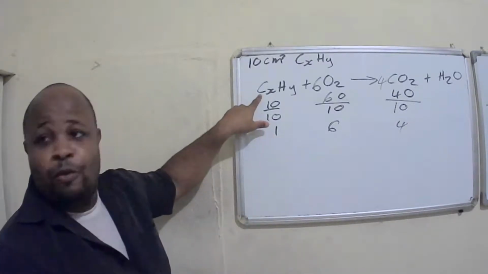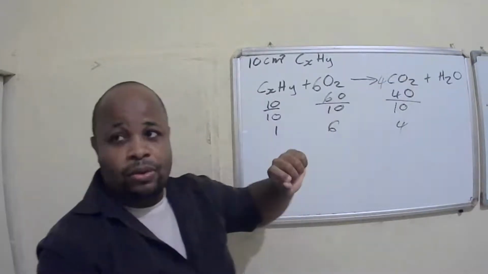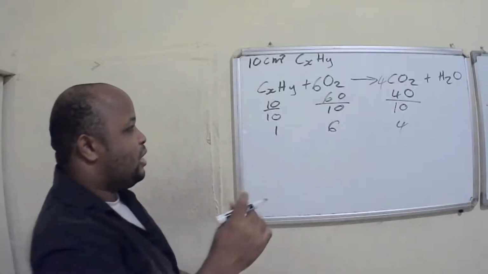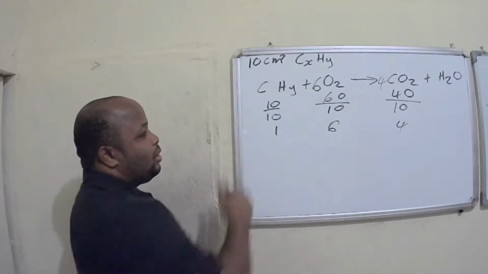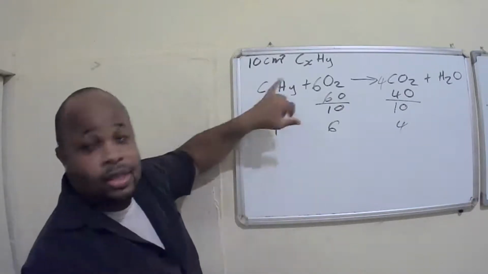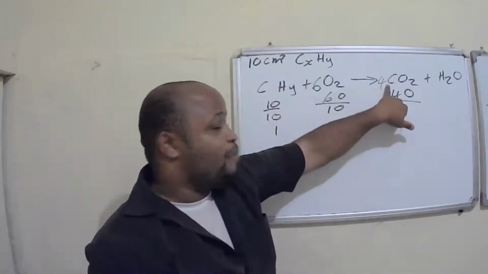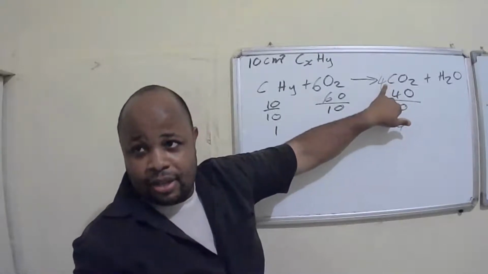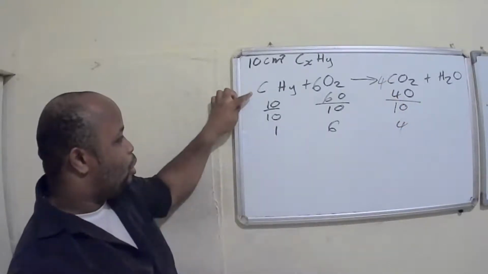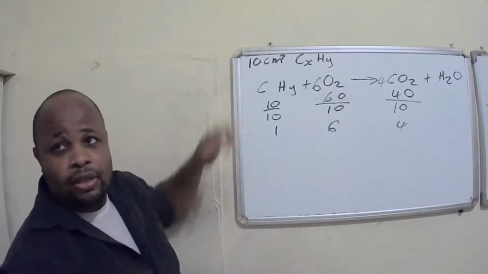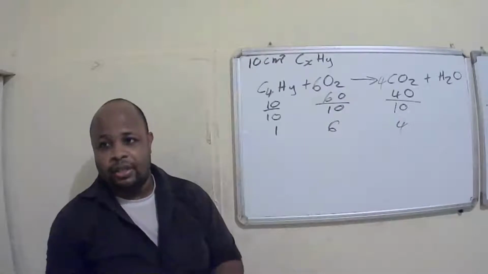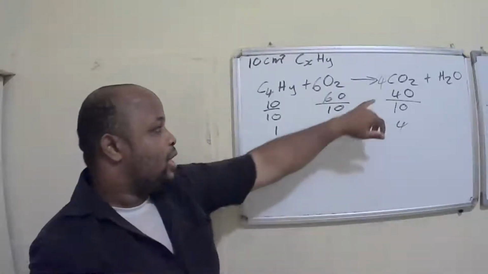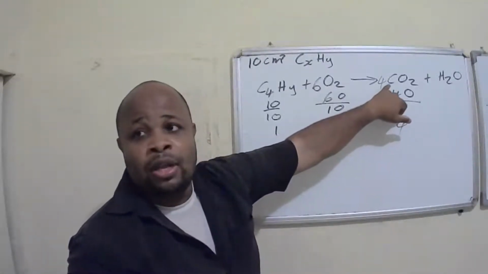Now, if 1 mole of our hydrocarbon produces 4 moles of CO2, we're not really balancing, but as it's present, if you get 4 moles of carbon dioxide and you only use 1 mole of the hydrocarbon, then that means 4 carbons would have been present.